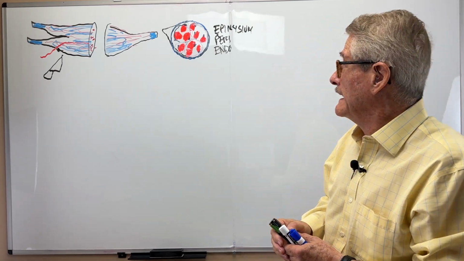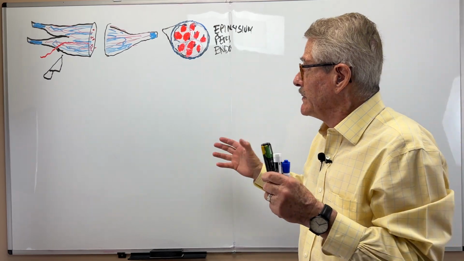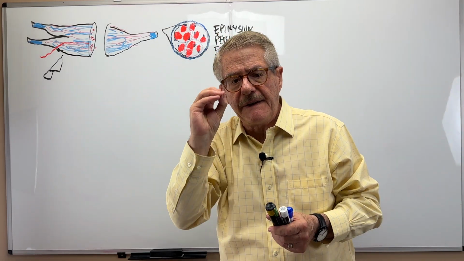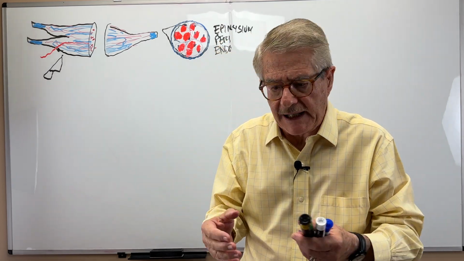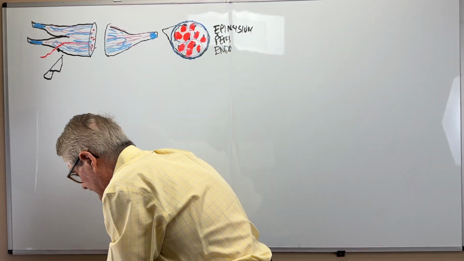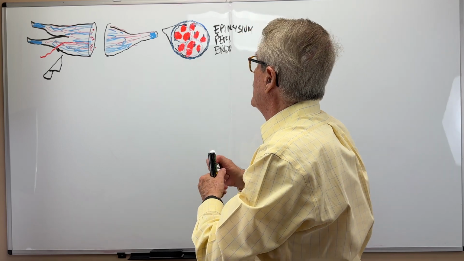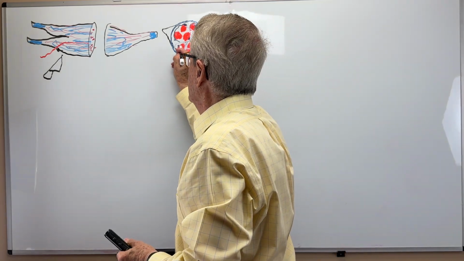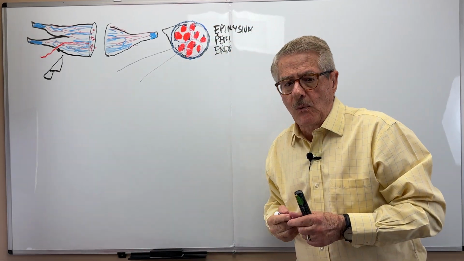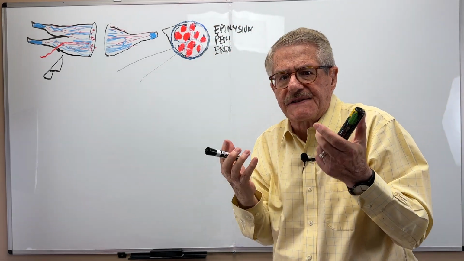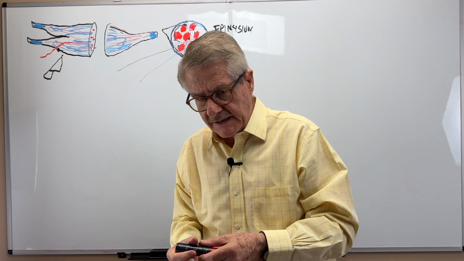Now, when we want to go and study each individual cell, we'll have to simplify, and we will take only one single cell. Bear with me. What is the shape of a muscle cell?